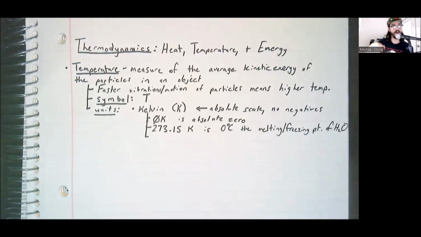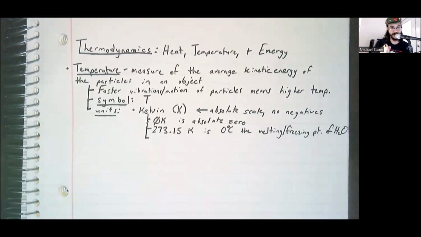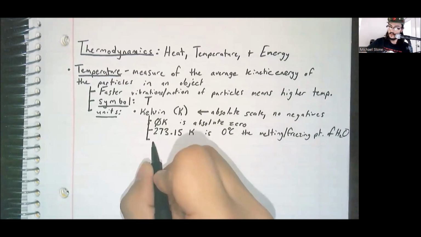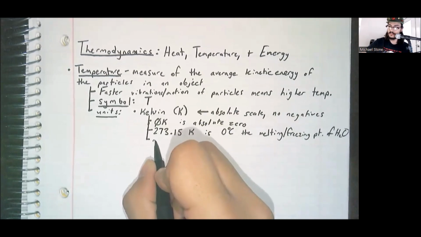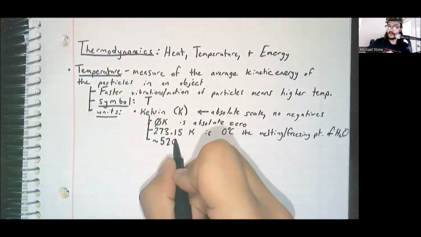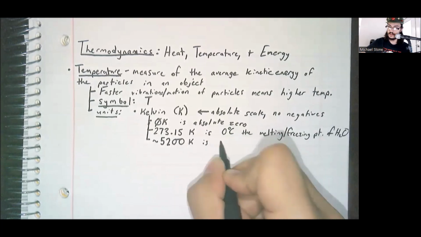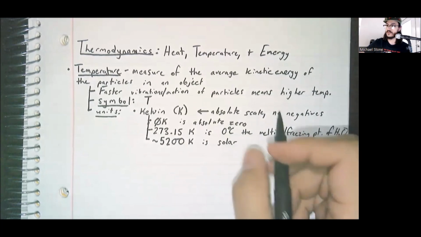And we all know that water freezes at 0 degrees and boils at 100. That means that water would boil at 373.15 Kelvin. For another important temperature that might be a little bit less familiar, about 5,200 Kelvin is the surface temperature of the sun.